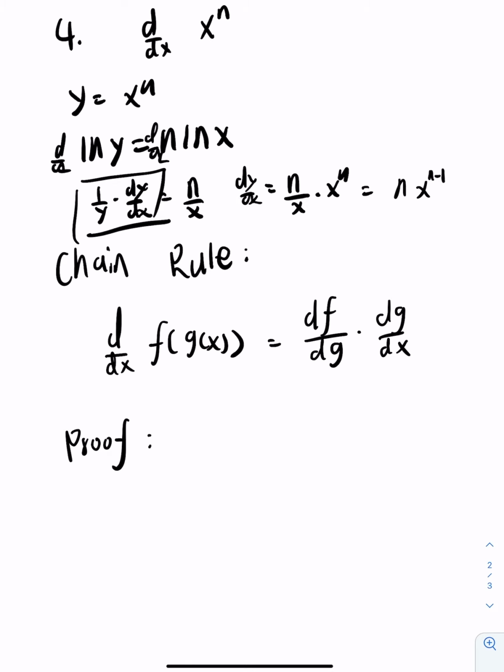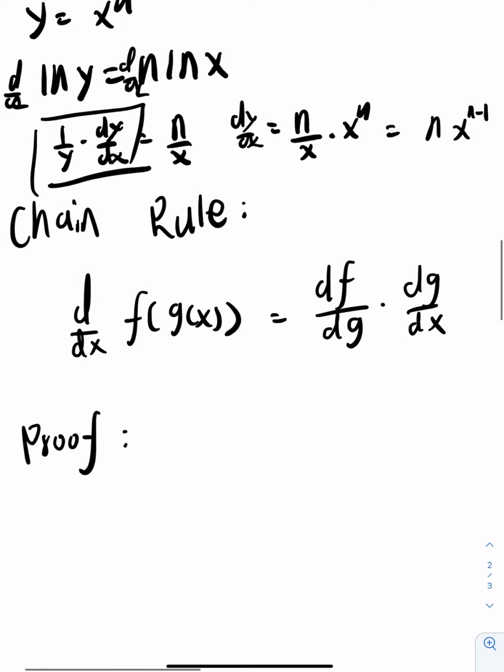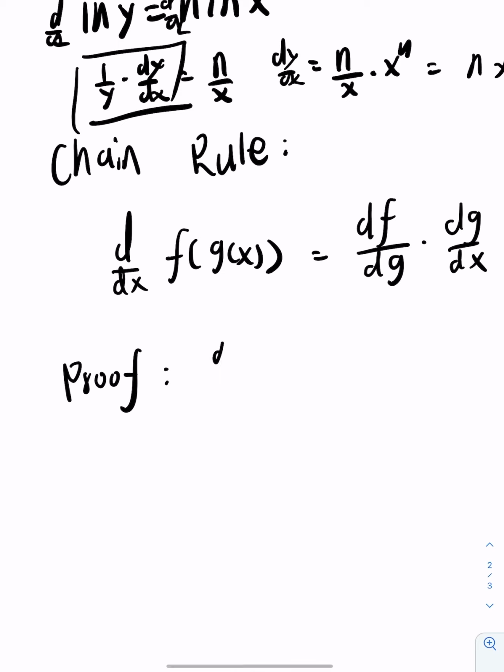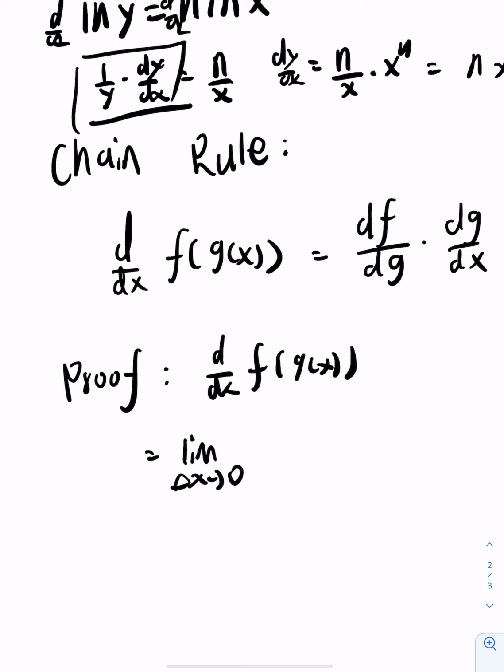So for the chain rule, the proof is quite easy. The derivative of f(g(x)) is just equal to, by its own definition, the limit as delta x approaches 0 of f(g(x plus delta x)) minus f(g(x)), divided by delta x.